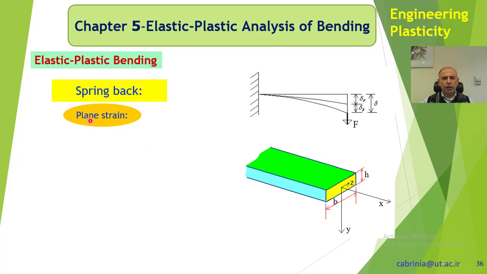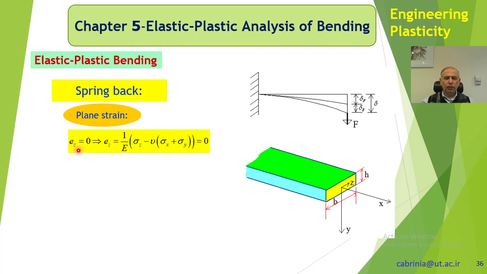Here we assume plane strain because in the Z direction we assume epsilon Z is 0, because anticlastic curvature is suppressed due to the dimensions, since we have a very wide dimension in that direction, and the deformation in this direction is almost 0. So that's why we assume plane strain. It means that we have only strain in the XY directions.